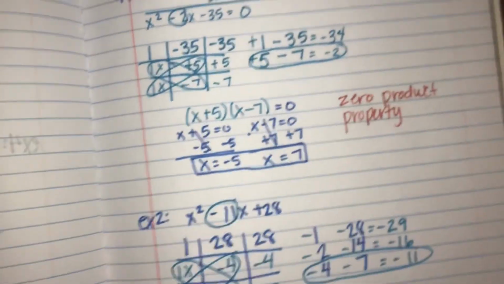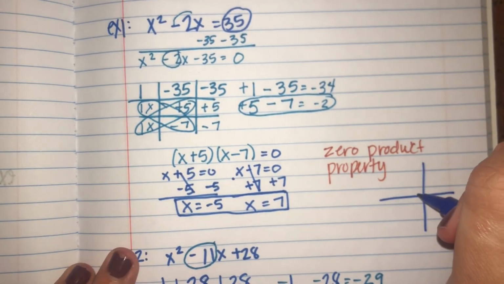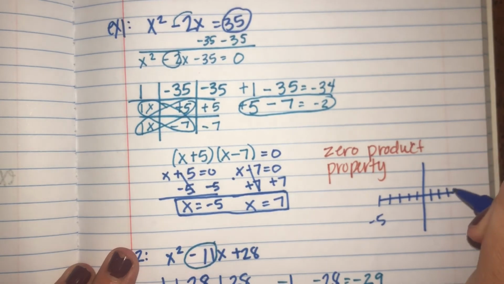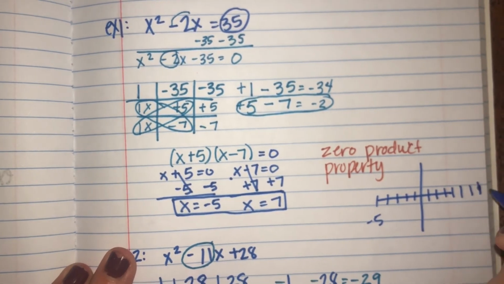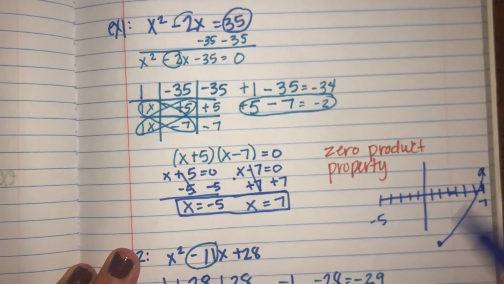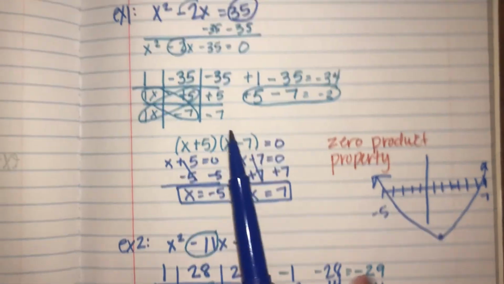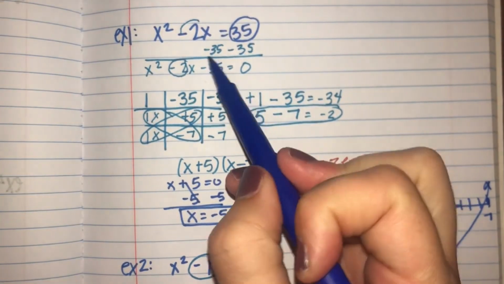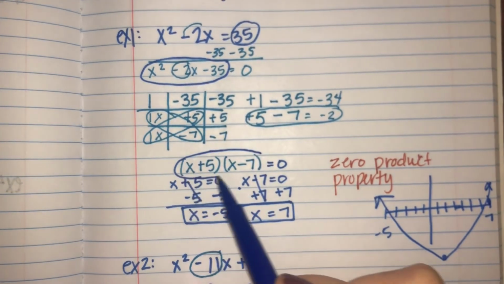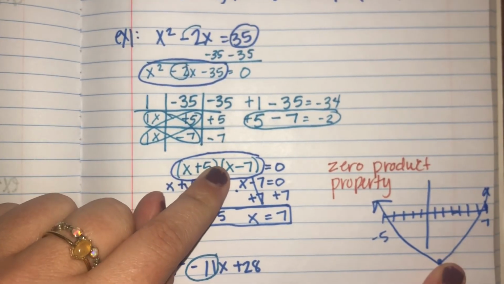This one would cross at 4 and 7 on the x-axis. And the vertex would be halfway between those two, so somewhere right there. Okay, and so if you were to graph this equation, or if you were to graph this right here, you should get the same graph, and it should look something kind of like that.